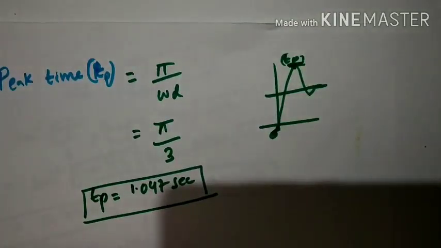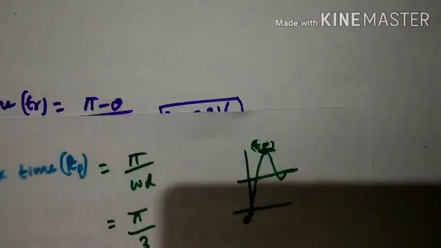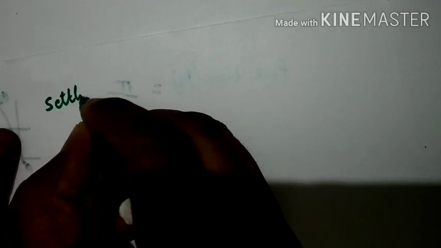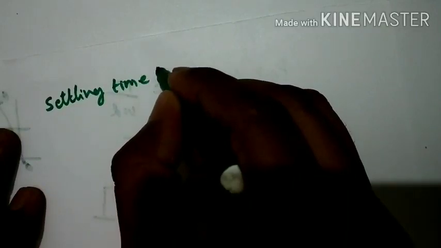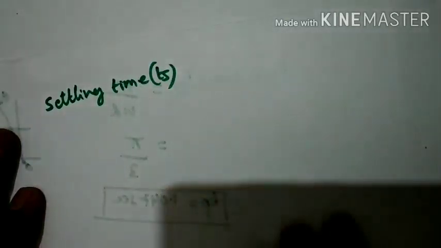What is the equation for the settling time? The settling time is Ts.